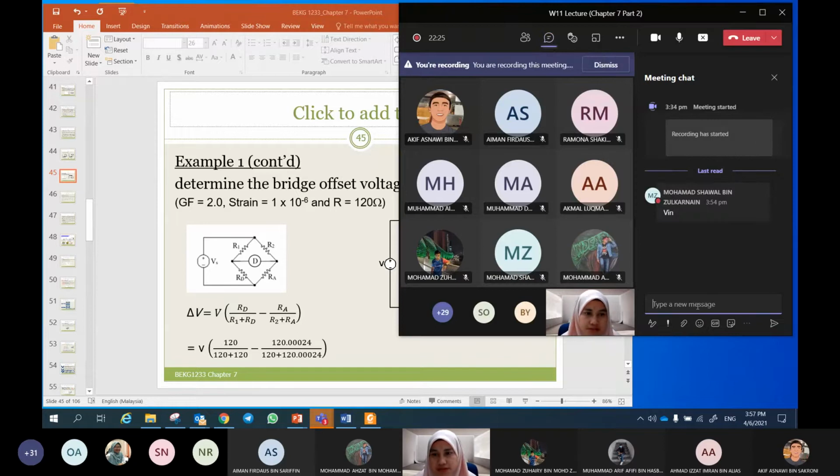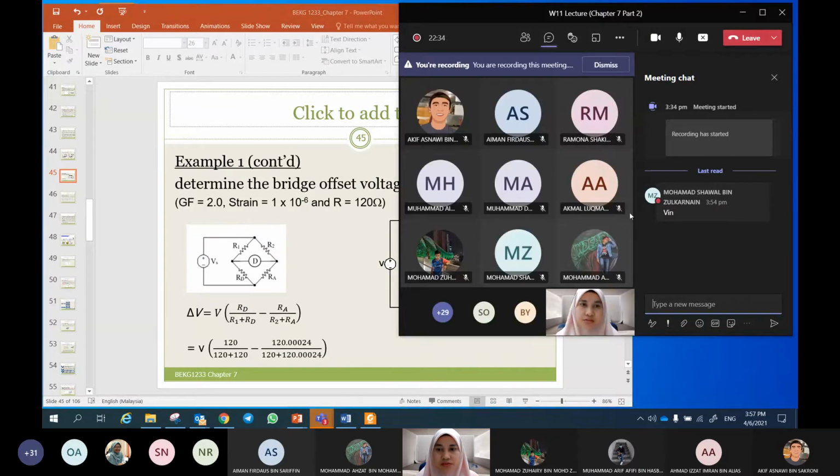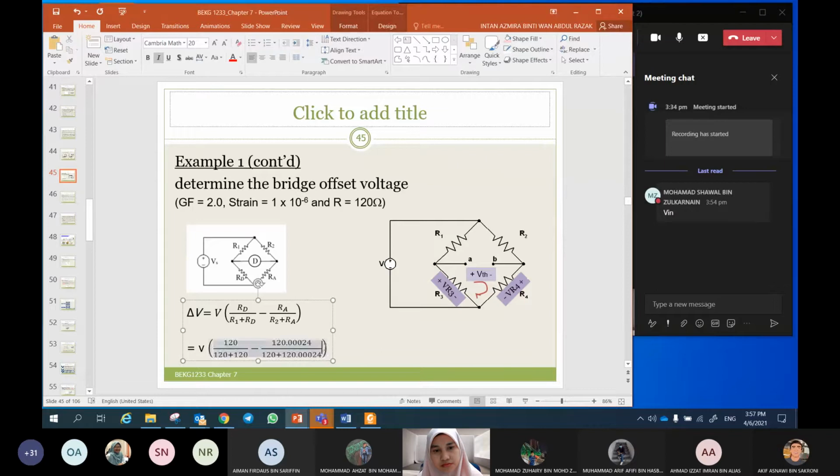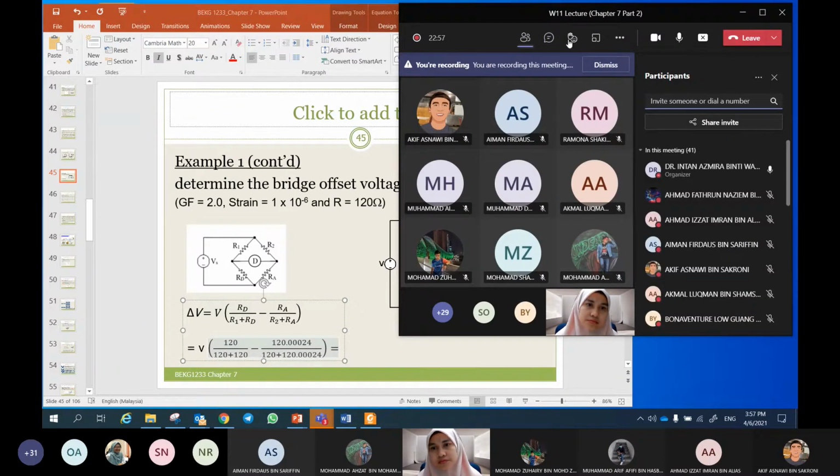So what is the value for delta V, or the voltage at VAB? Now, please calculate and type here. Equal to what?